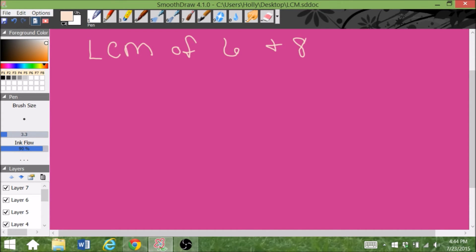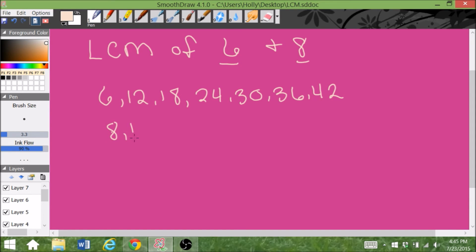Okay, to find the LCM of 6 and 8, you're going to start by counting by 6s. Remember, multiples are like skip counting. So 6, 12, 18, 24, 30, 36, 42. Okay, we counted by 6s. Now we're going to count by 8s. 8, 16, 24, 32.